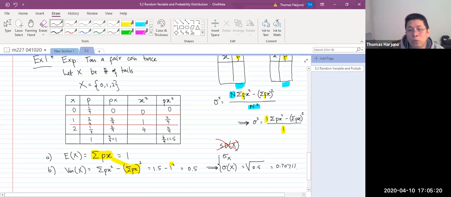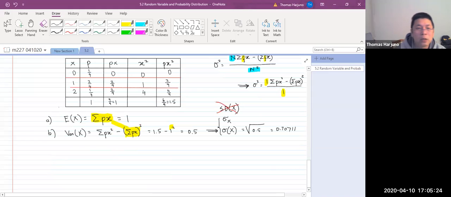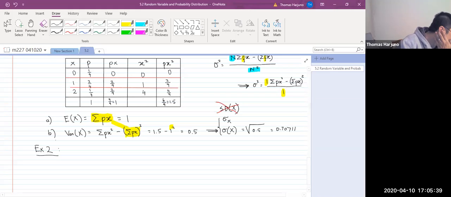Let's do one more example here. Let's do one more example from the book, and then I go on with my example. Example 2, let's say we take a look on which question here? Maybe number 19.